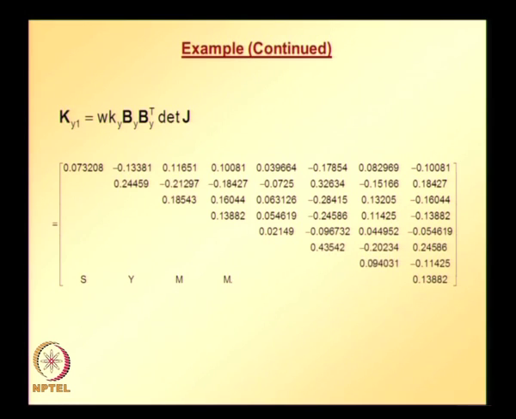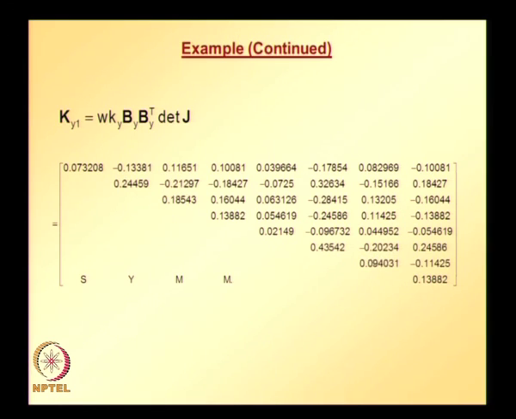A similar operation we need to repeat at the remaining 8 integration points and sum them up to get the total value of matrix ky, with contributions from all the 9 integration points. So, this is how we can evaluate area integrals for an 8 node serendipity element.